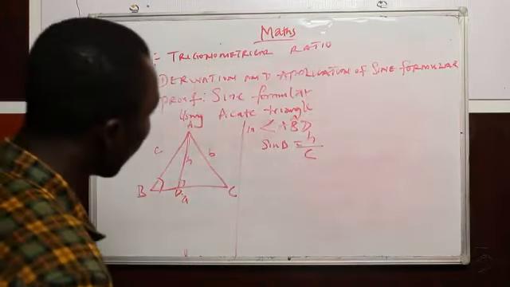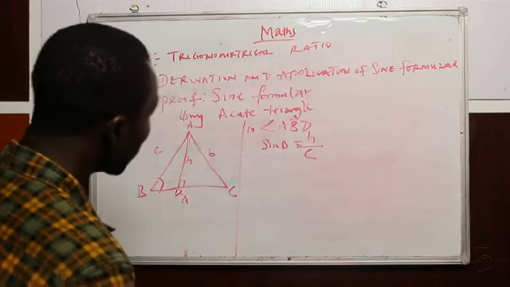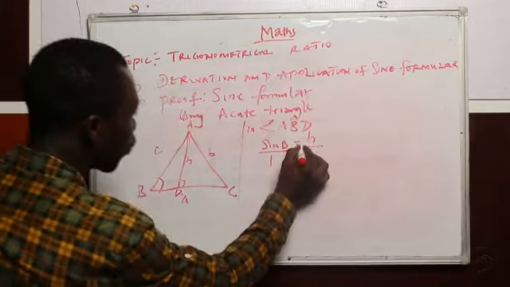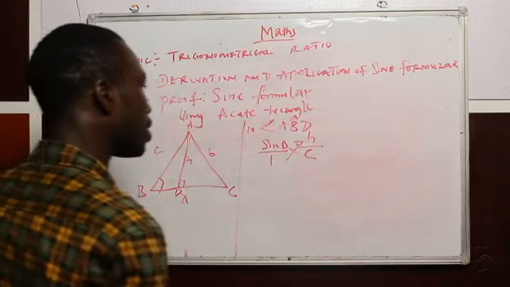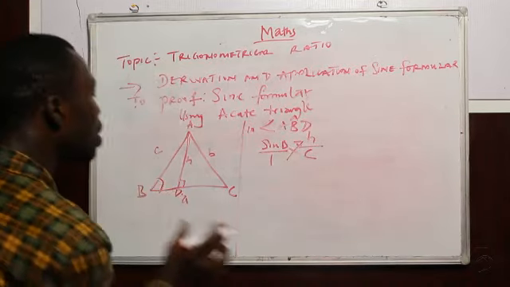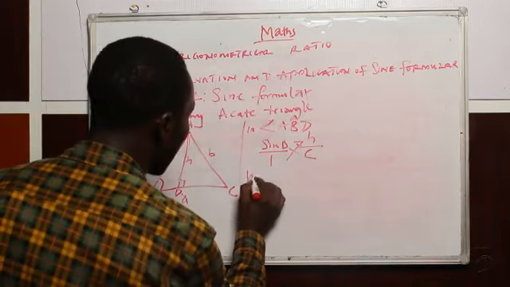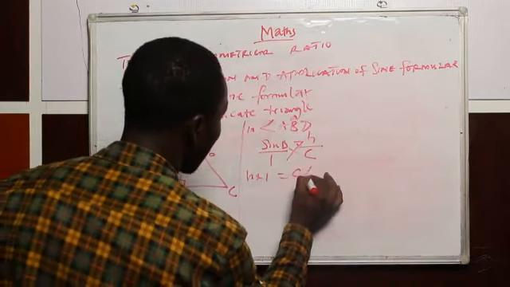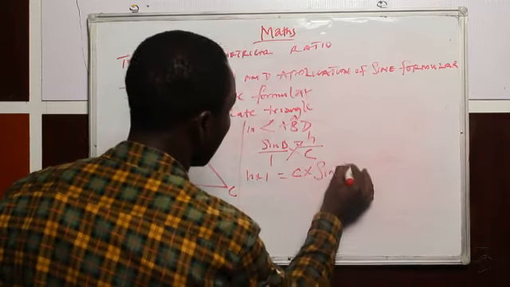Opposite over hypotenuse. What is our h? You cross multiply to find our h. Now make this one uniform. h times 1 is equal to c times sine B.